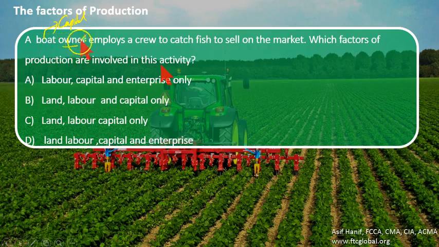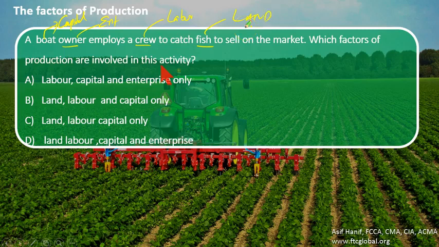A boat owner, who is owner? He is the entrepreneur representing enterprise. We have got the second factor of production. Third, employs a crew. Crew, people, human effort. That means labor. And the fourth factor of production is fish, which is a natural resource, land.